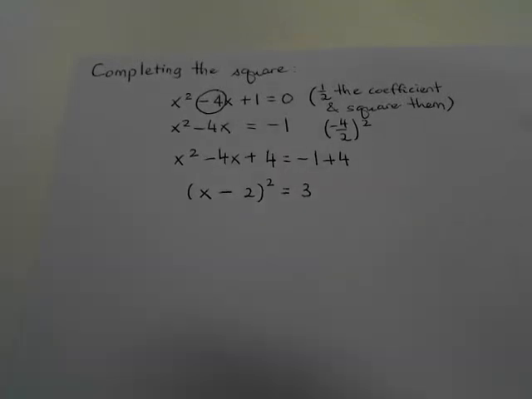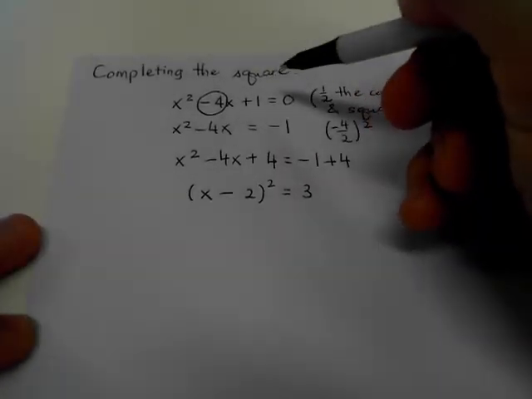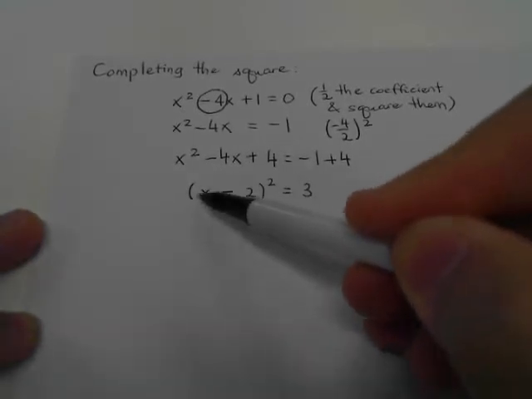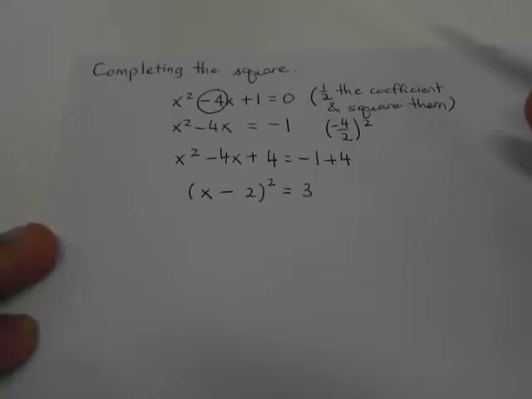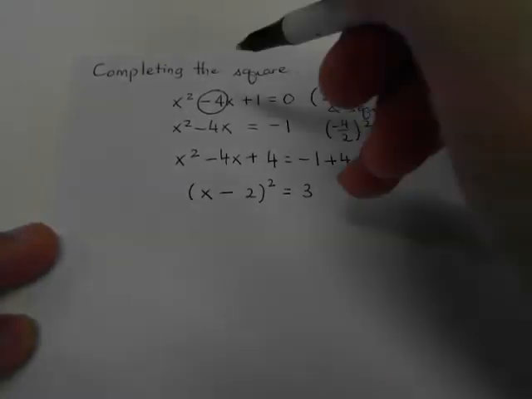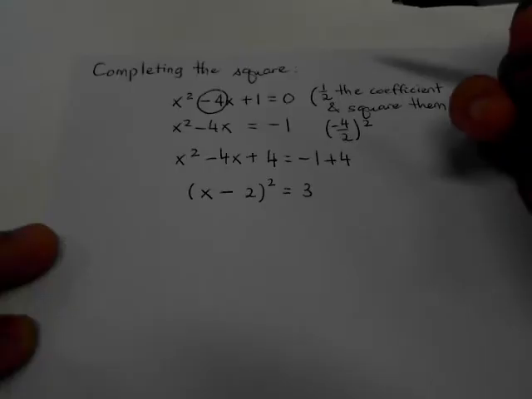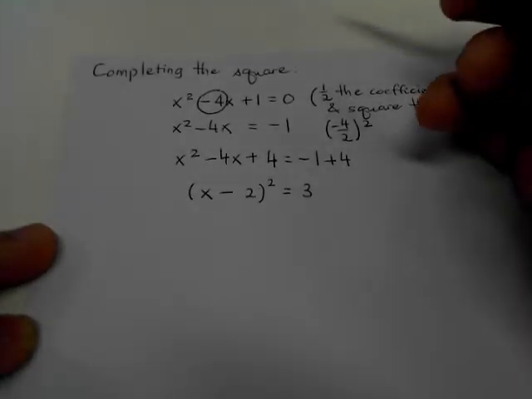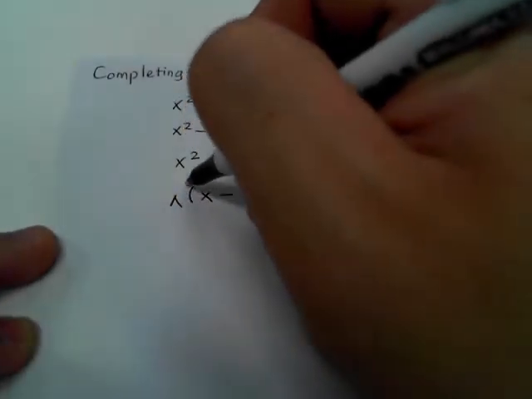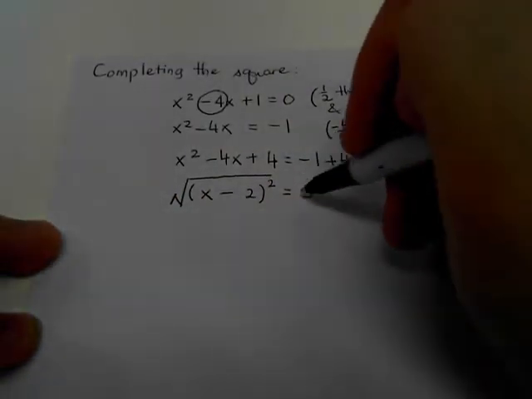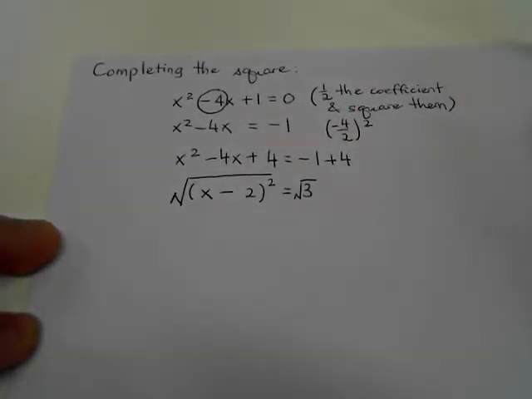Okay, so in this case, to ensure that x is the subject that we leave on the left hand side, what do we do to this entire expression first? We have to get rid of the square, and the only way to get rid of a square is to have a square root. Thank you. And when we have a square root on the left hand side, automatically the right will also have a square root.